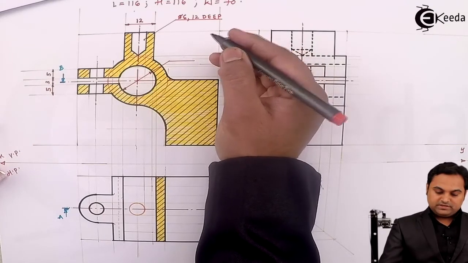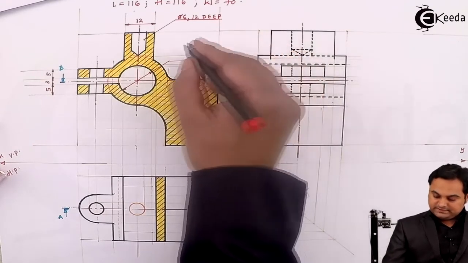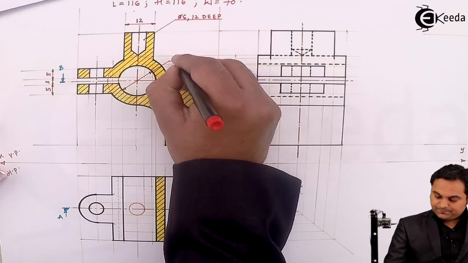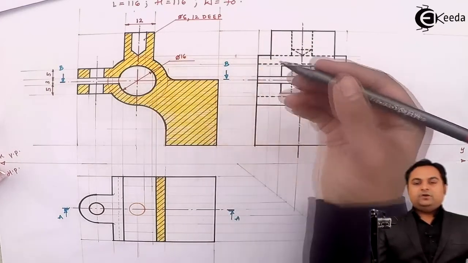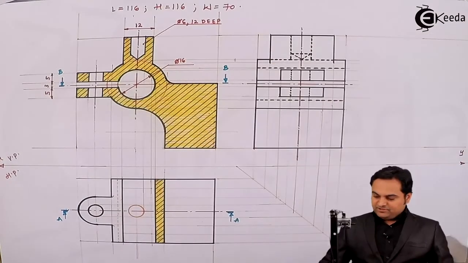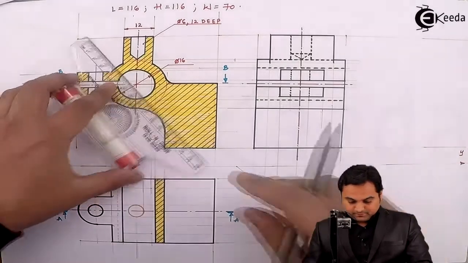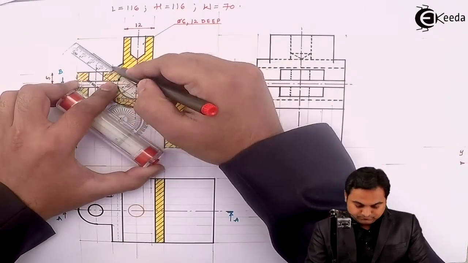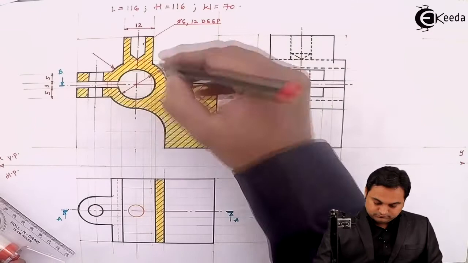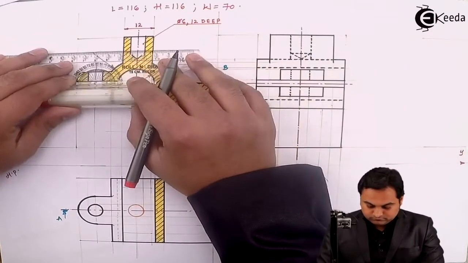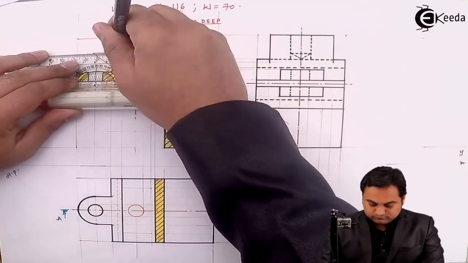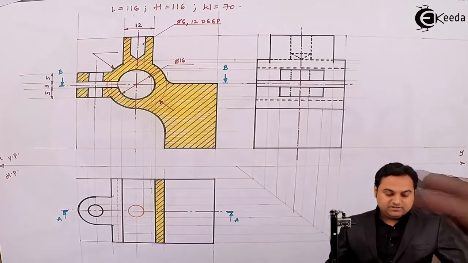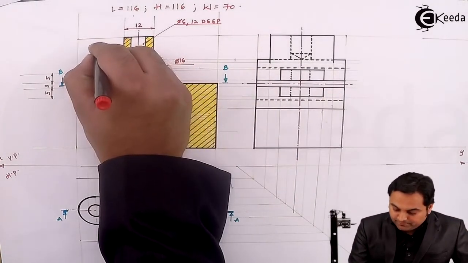Inner circle is having diameter of 16 mm, and the outer circle, so giving the dimensions here, this outer circle is having diameter 25 mm.